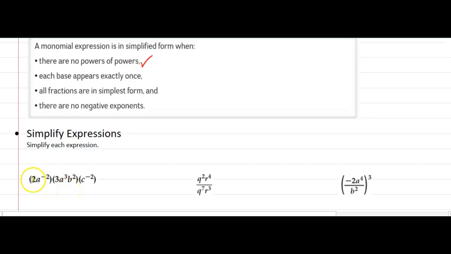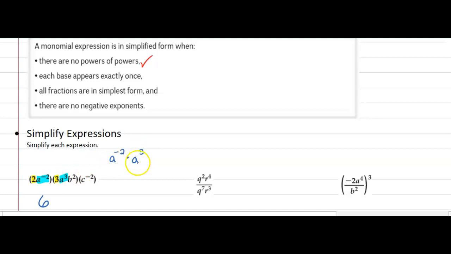First, I'm going to look at all of these coefficients, and I'm going to multiply them together. 2 times 3 gives me 6. Next, I'm going to look at all of the terms that have a base of A. And these are all just multiplied together. I end up with A to the negative 2 times A to the third.